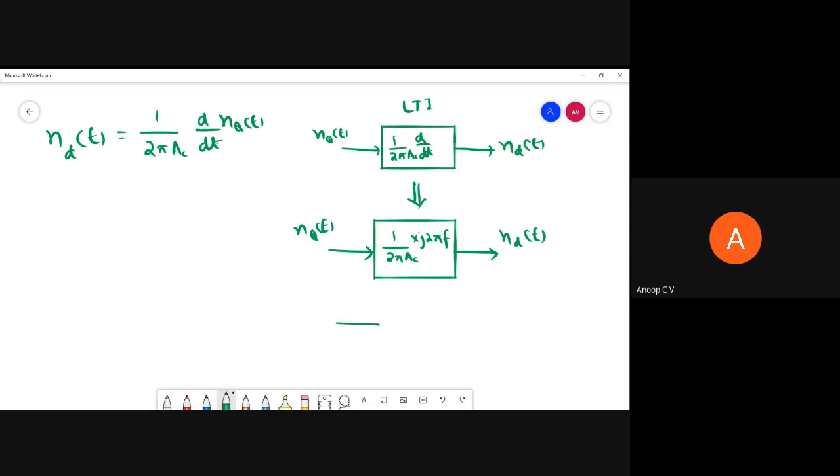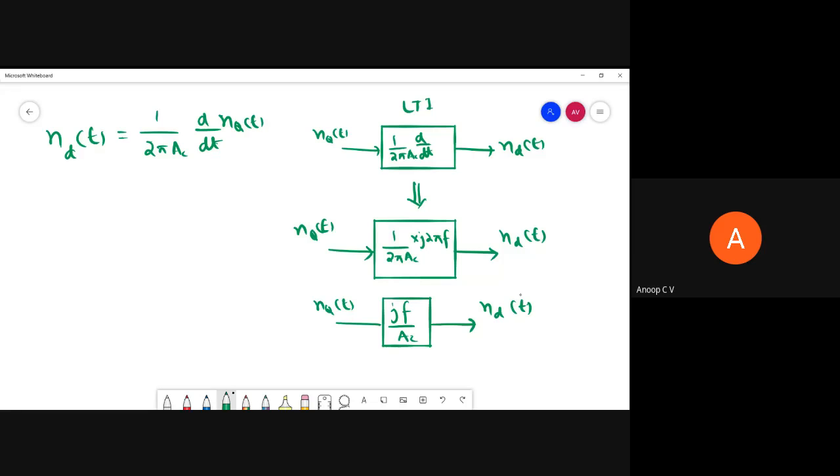So nq of t given to a system having transfer function jf by ac will give you nd of t.